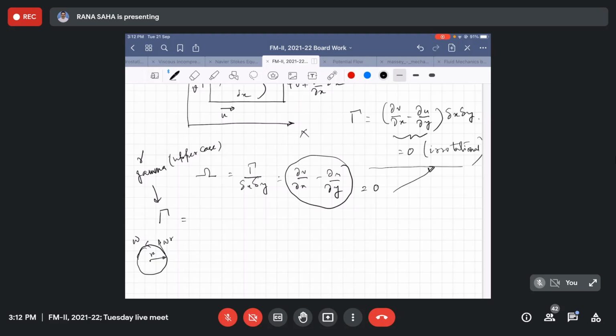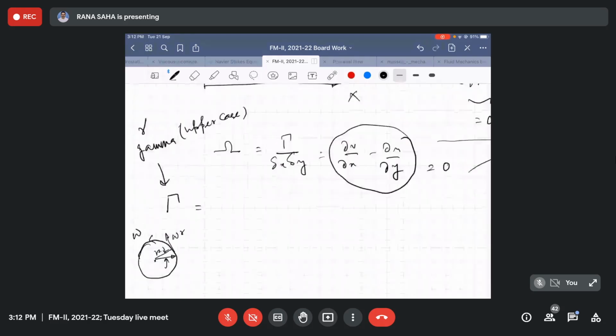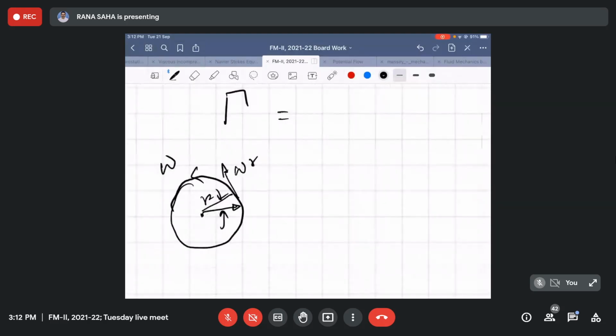So r d theta will be this particular arc length, that is length dl, you can say.